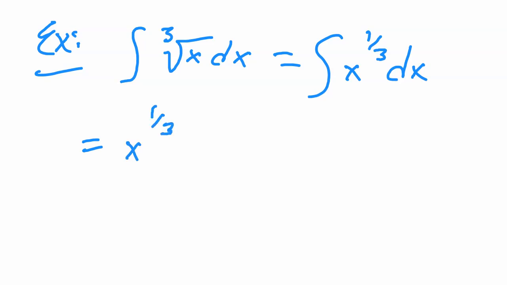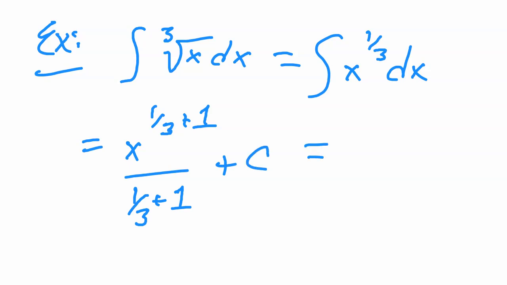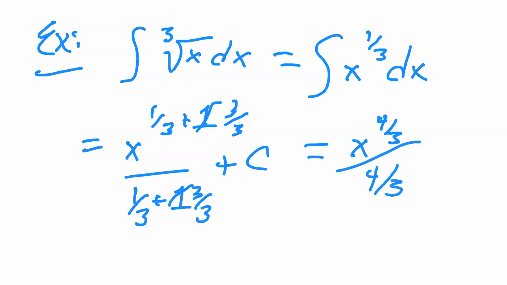I'm going to write this out this time, but normally I won't. And then divide by that. So 1/3 plus 1, divided by 1/3 plus 1, and then plus c. But of course, 1 is 3/3, right? So that ends up being 4/3. So this is going to be x to the 4/3 divided by 4/3 plus c.